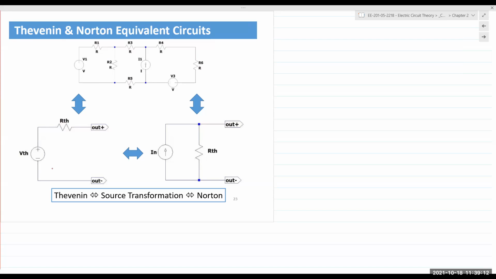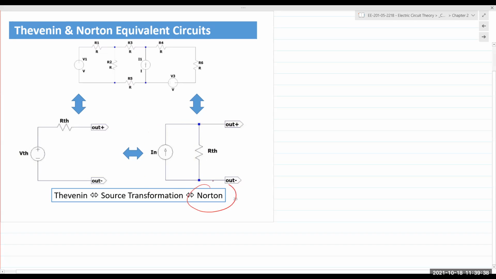So an engineer by the name of Edward Norton, not the actor, he's not that old, postulated his own theory: you could take the large circuit, analyze it between the same terminals, and represent it with a current source in parallel with the resistance. And that theorem came to be named after him.